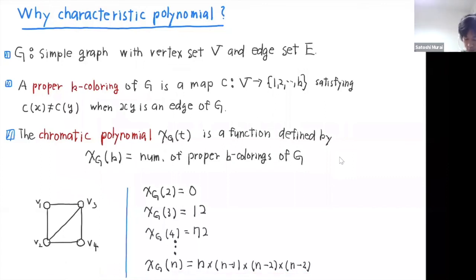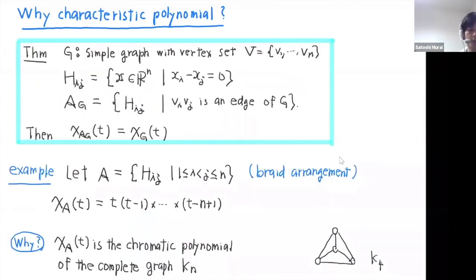I introduced the chromatic polynomial, but it is known that the chromatic polynomial is a special case of the characteristic polynomial of an arrangement. So I will introduce a theorem and finish soon. Let G be a simple graph whose vertex set is V1 to Vn, and let Hij be the hyperplane defined by xi minus xj equal to 0.